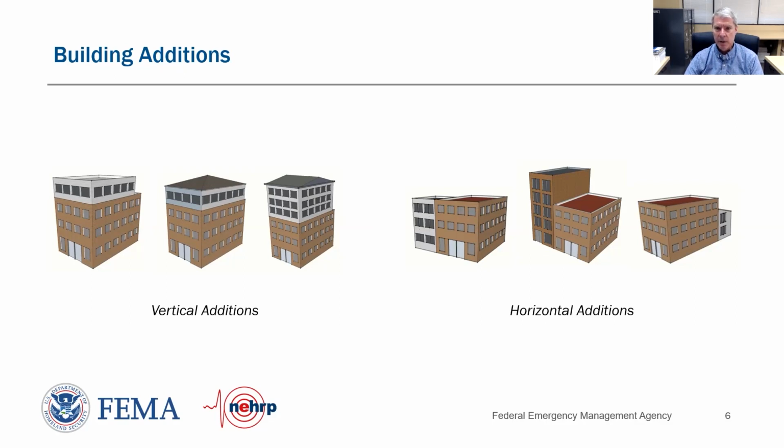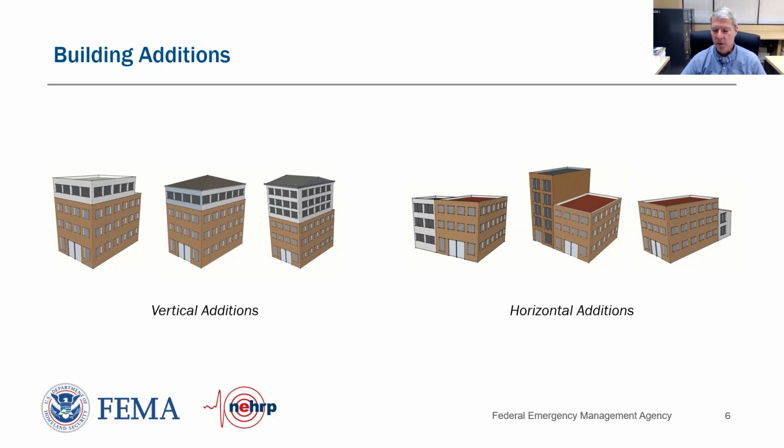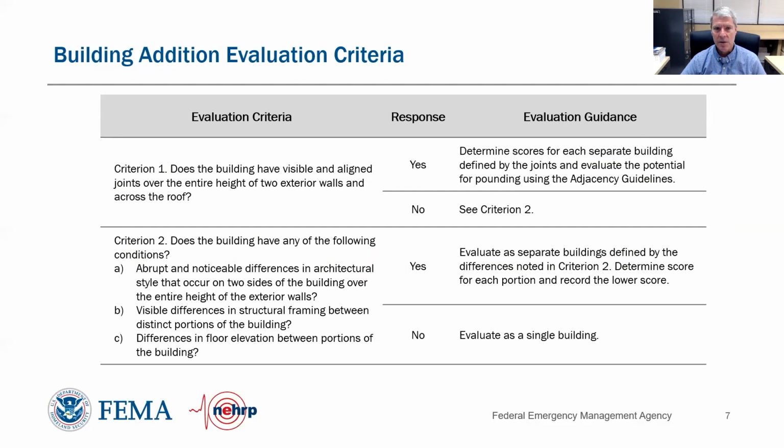Similarly, we can have buildings that have horizontal additions to them, both as part of the same building or just an adjacent building that is located very closely, and it could have some impact on the seismic performance of our building. And so we refer to that as adjacency. For building additions, the P-154 procedure addresses how we evaluate adjacency under the level 1 and also level 2 criteria.